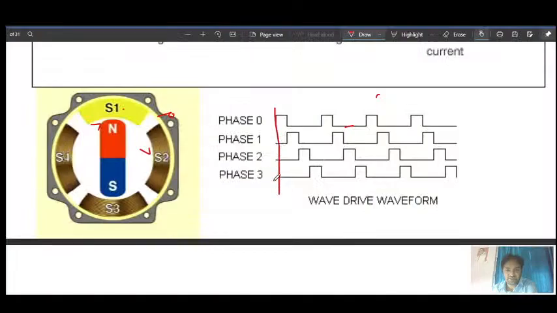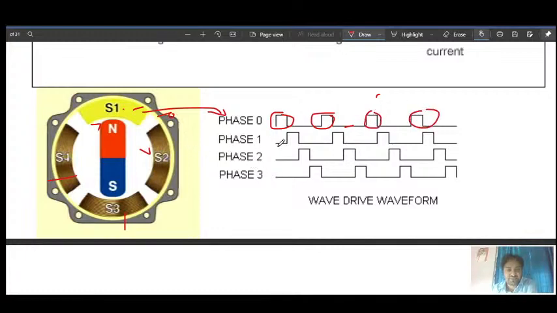As you can see, these are 1, 2, 3, 4 for 4 phases. At first here we have the first train of signal, and then this signal you can see is phase 0.